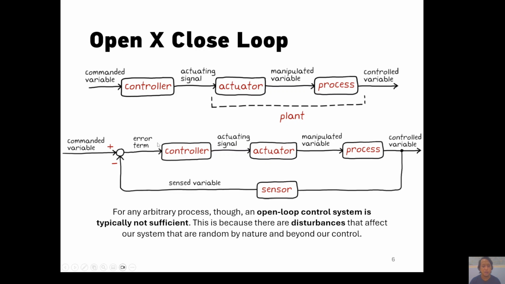If we have an open loop control and then we get a disturbance, we need some feedback to be collected, and then we can sum it with the commanded variable, and then we get an error term like that. So the difference between open loop and closed loop control is the feedback line in this diagram.